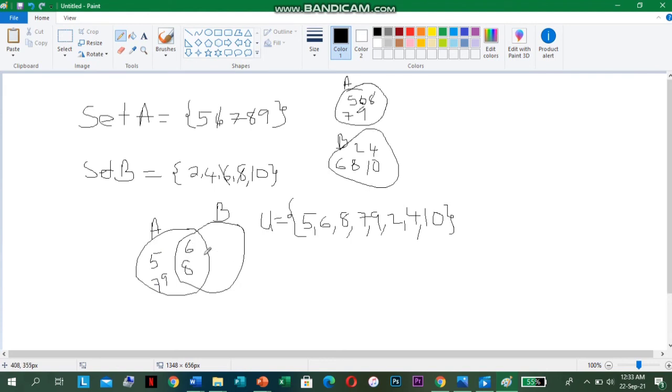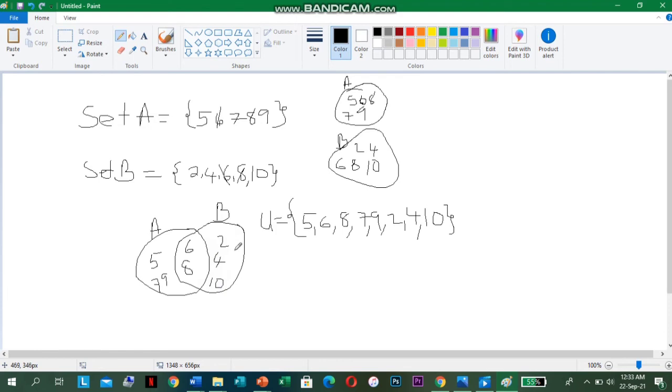So we don't have to put them back over here. Over here, leave out 8 and 6 in this one and put 2, 4, and 10. All right, good.